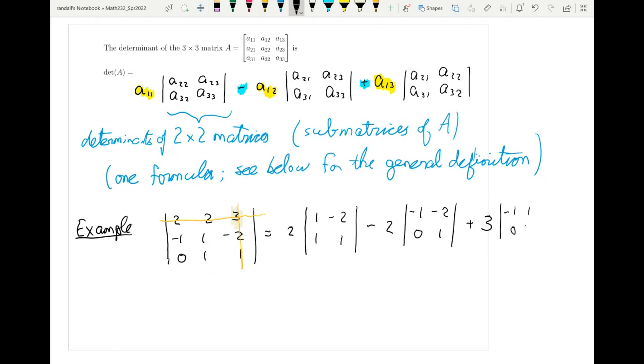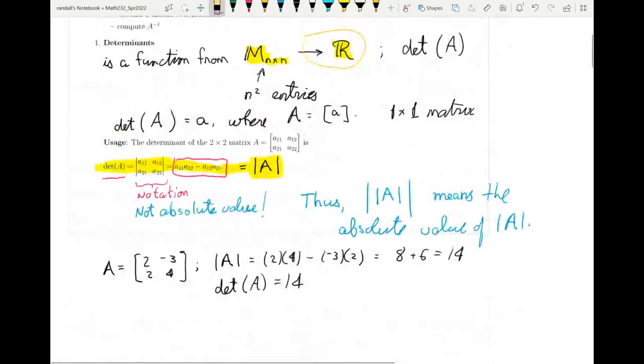There it is. Good. So I followed the formula above, and I've written out the determinant of this 3 by 3 matrix. And notice it uses 3 2 by 2 matrices. Now, to compute the 2 by 2 matrices, those determinants, I have to go back to this formula.